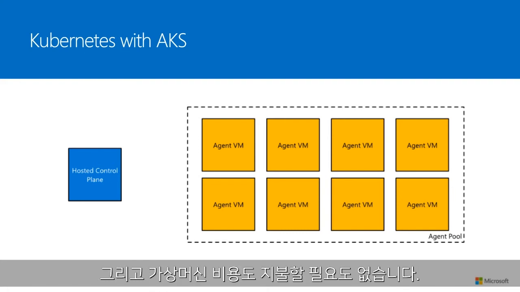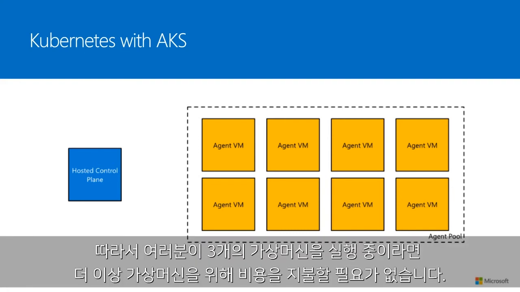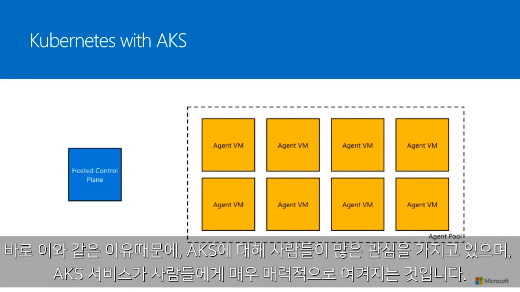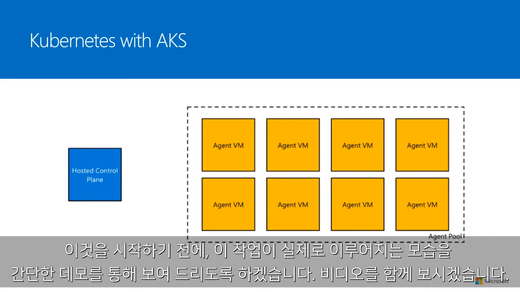But you also don't have to pay for the VMs, right? So if you're running 3 VMs, you're no longer having to pay that VM cost. That's cost that's now eaten by Azure. So folks are pretty excited about that, and it's definitely making the AKS offering very attractive to people.